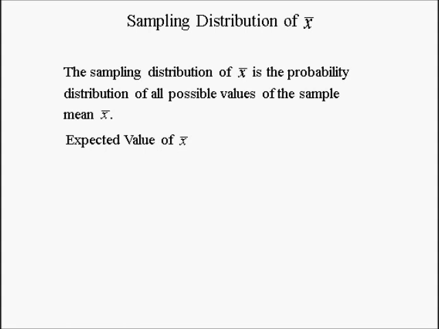And since we expect the average of the infinitely many sample means to be equal to the population mean, the sample mean has a distribution. This distribution is called the sampling distribution of the mean, which is the probability distribution of all possible values of the sample mean. The expected value of the sample mean is mu, where mu is the population mean.